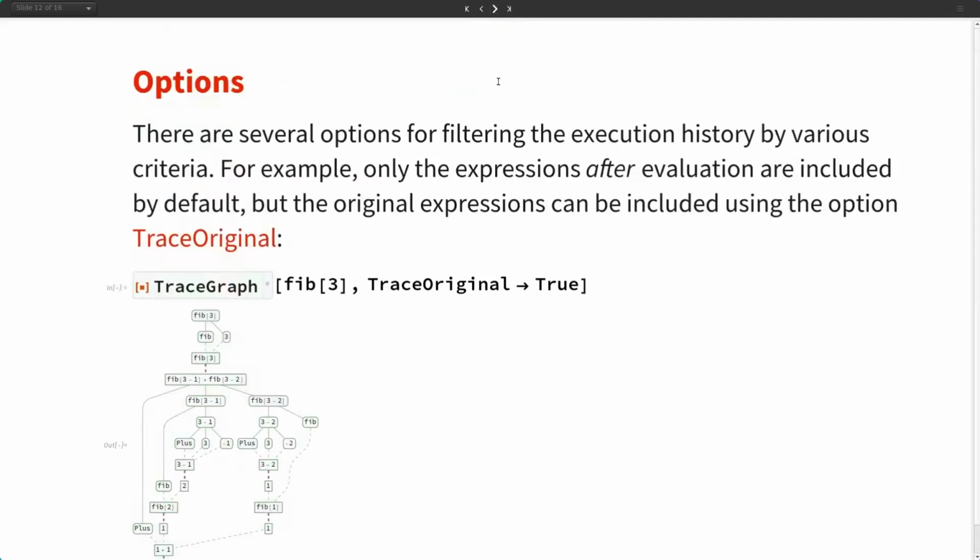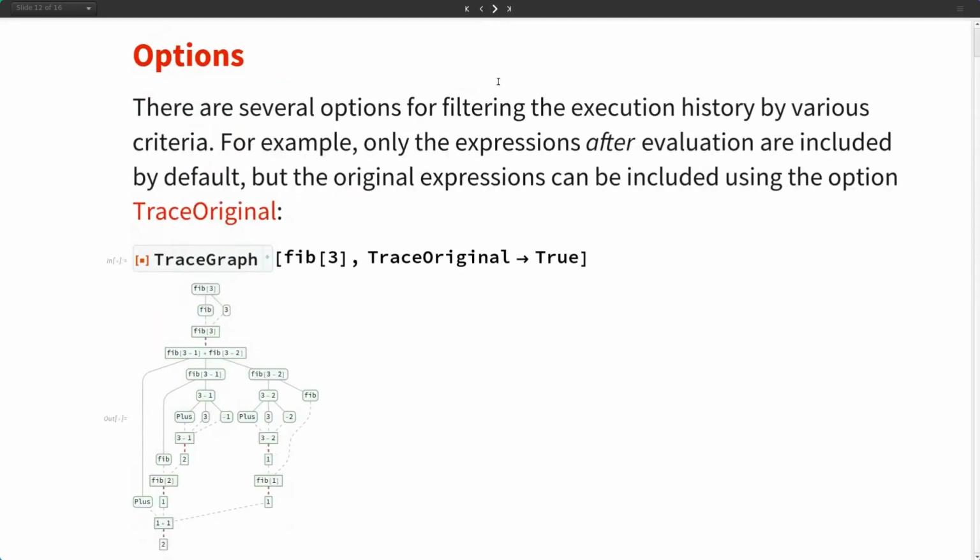We have lots of options for filtering Trace, and these options work for TraceTree and TraceGraph. And the idea here is patterns. What do I actually want to see? You don't always want to see every single little subsidiary evaluation in your computation.